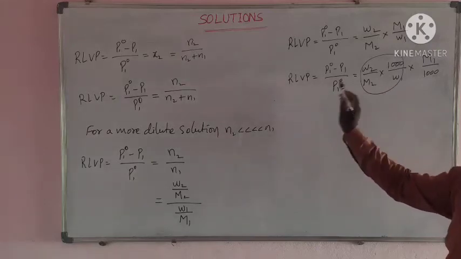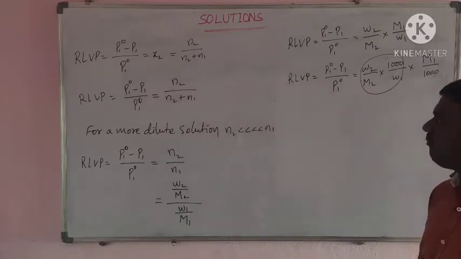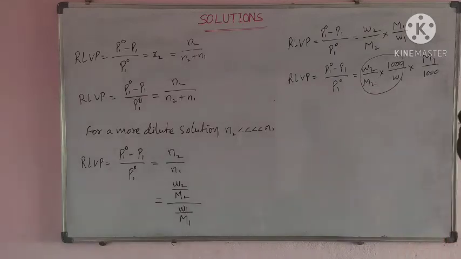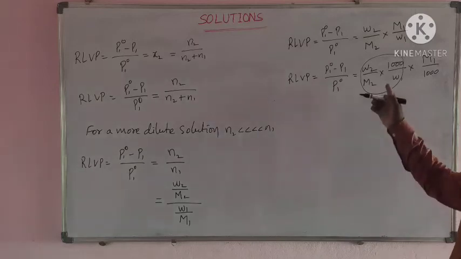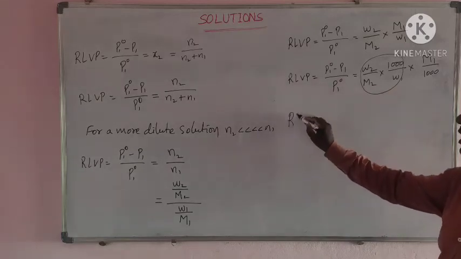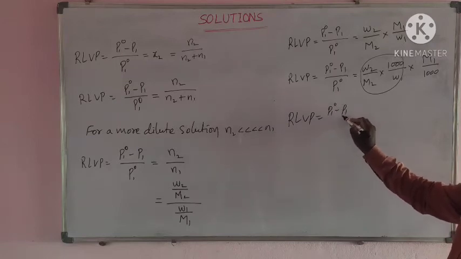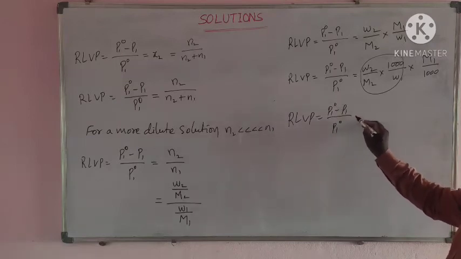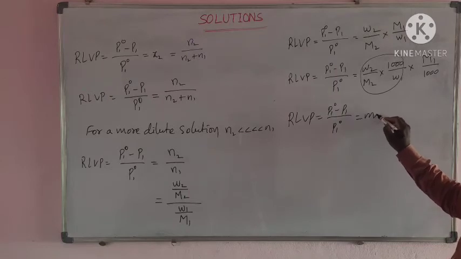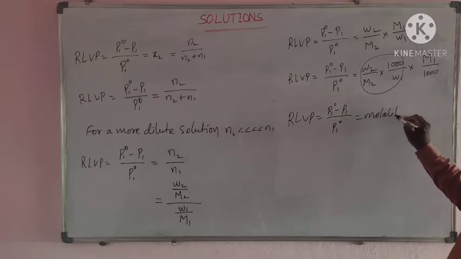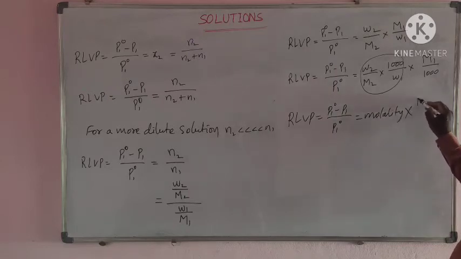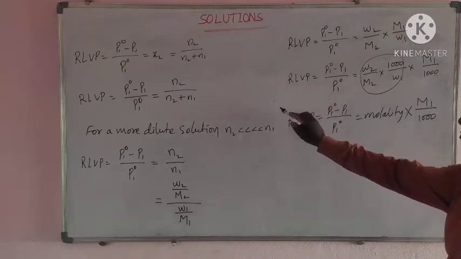So RLVP is equals molality into M1 by 1000.